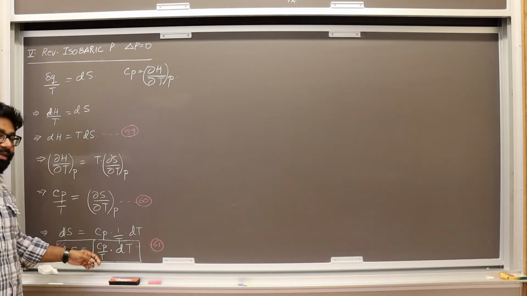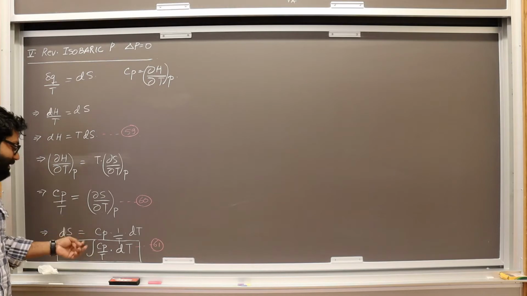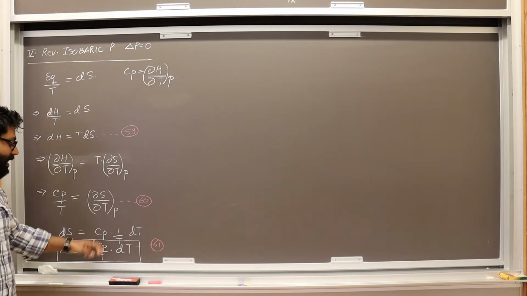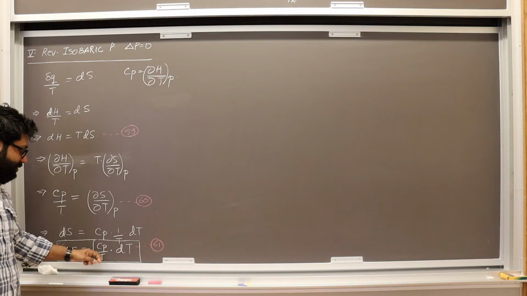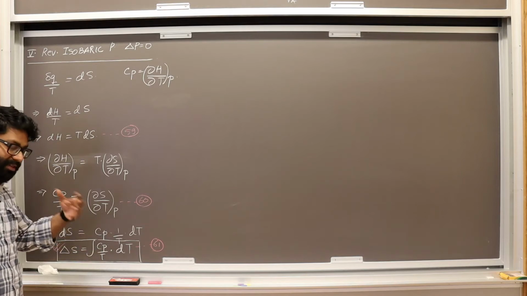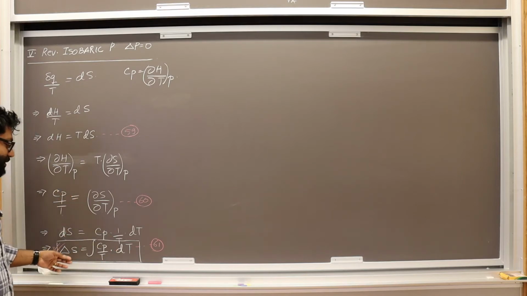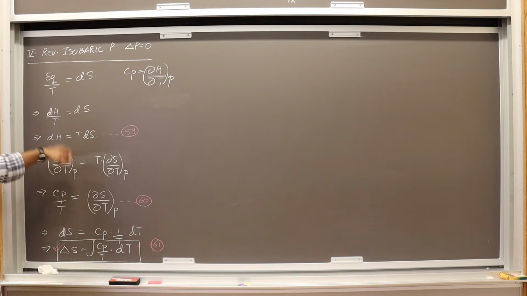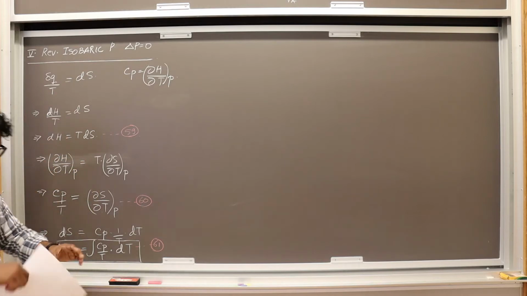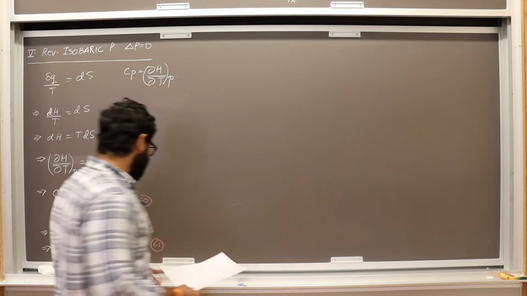The Cp can be calculated as a function of temperature, and when you get that, you plot it, put it in here, calculate the polynomial of Cp with respect to temperature, and then you can integrate that.